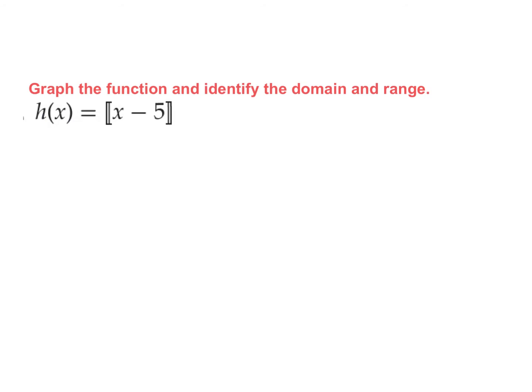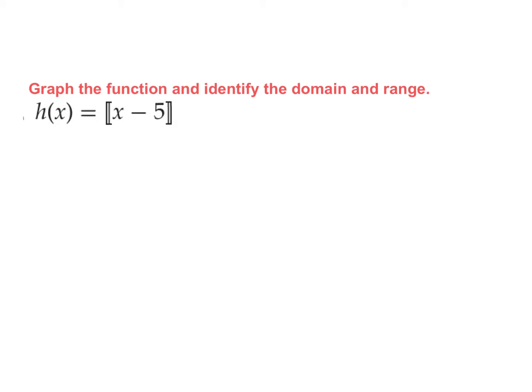So again, we're going to graph the function and then identify the domain and range. In this particular example, we have h of x equals the greatest integer function of x minus 5. We start off with our regular old t-table.